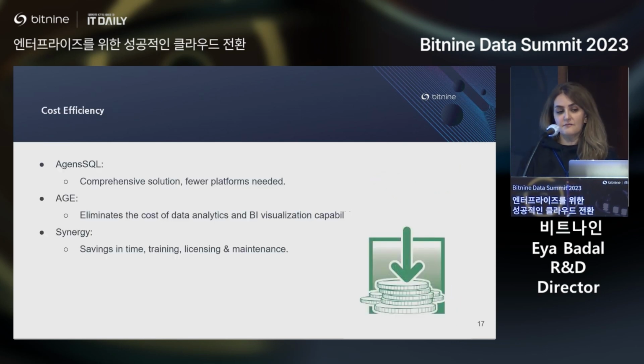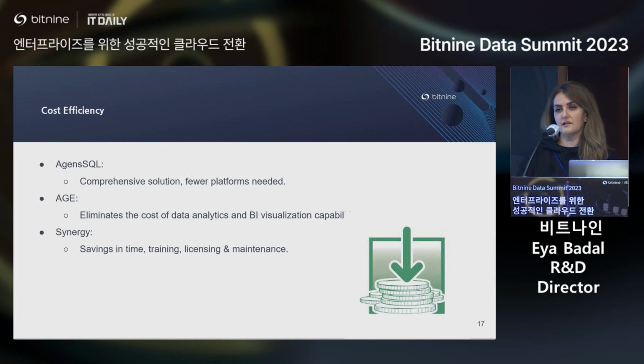And at the same time, when it comes to cost efficiency, AgensSQL offers a comprehensive solution, which means fewer platforms are needed, simplifying both infrastructure and management costs. AGE, on the other hand, eliminates the need for separate graph database costs.